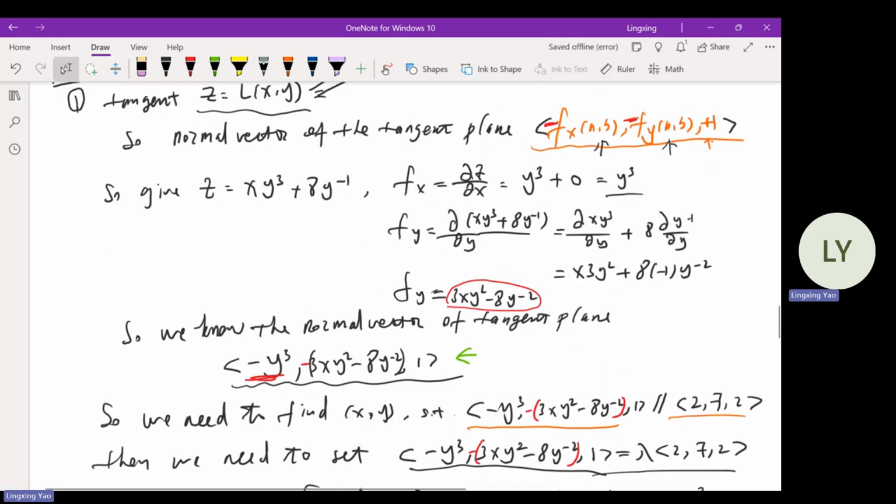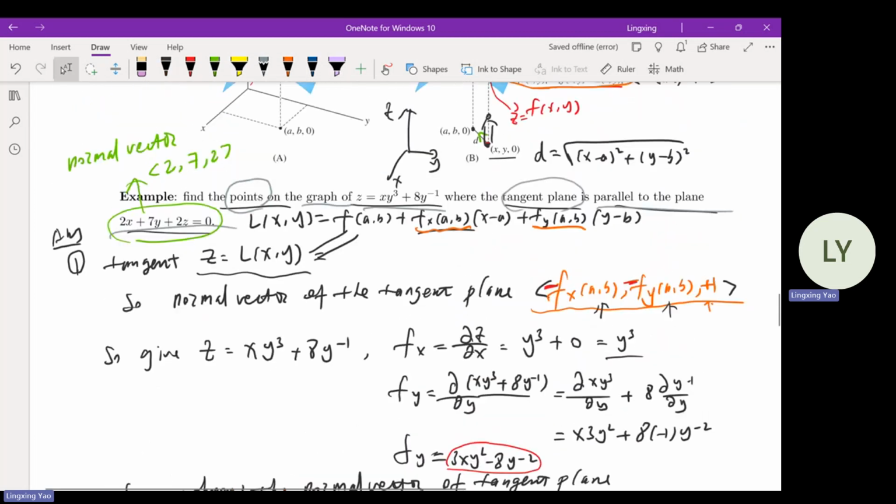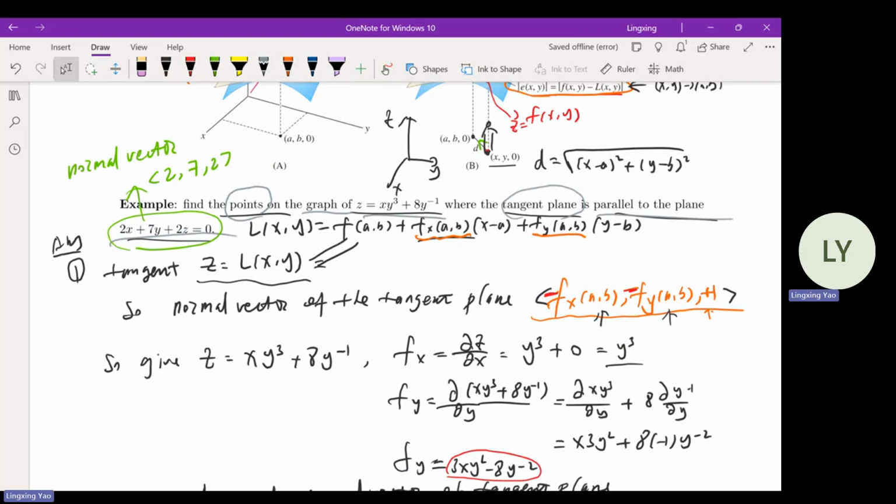You can change this y to be b, x to be a. That doesn't change anything about the calculation. And the bottom line here is that you need to find the normal vector of the tangent plane, and make it parallel to the given normal vector of the plane that we want our tangent plane to be parallel to. Okay, let's just stop.